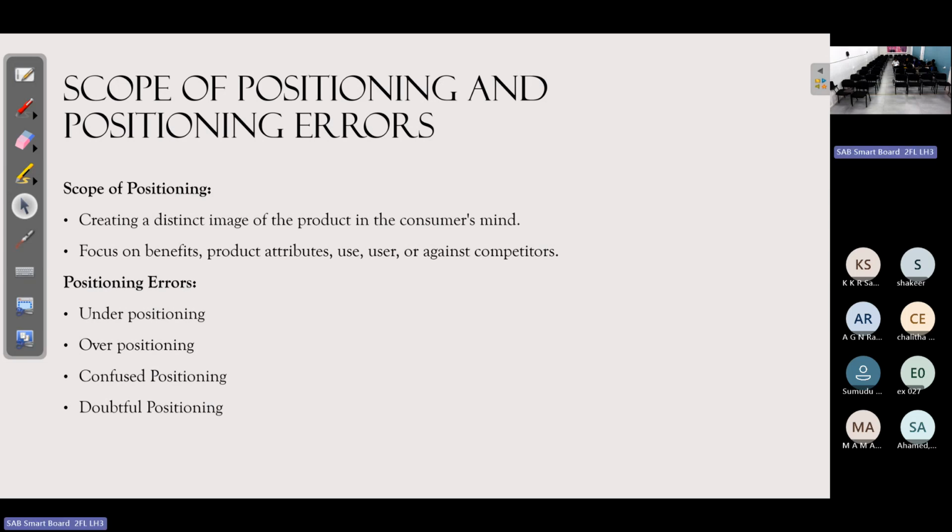Example, you can write, in an advertisement it does not mention the benefits of the product.